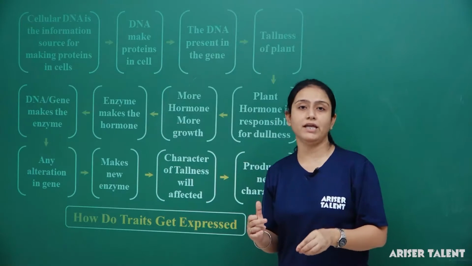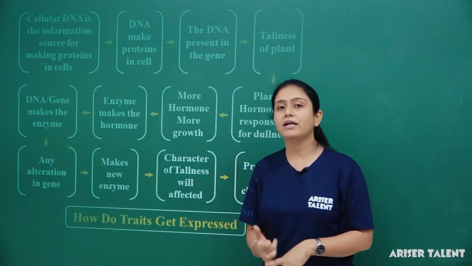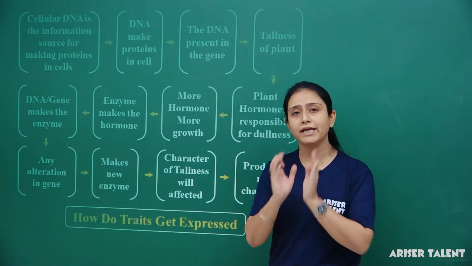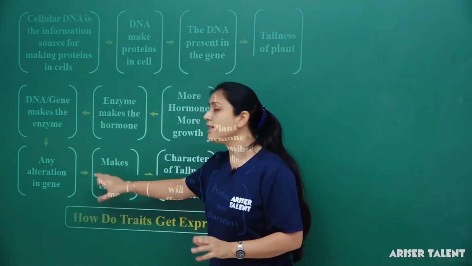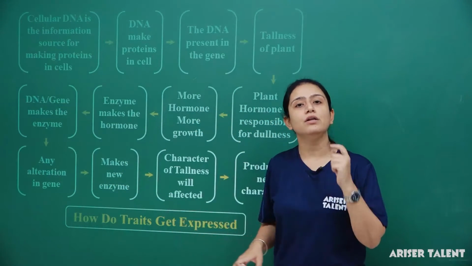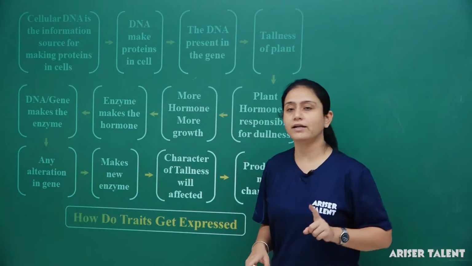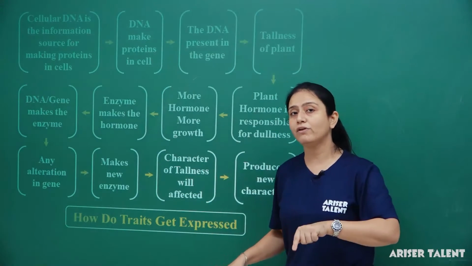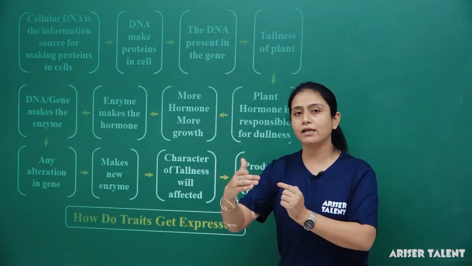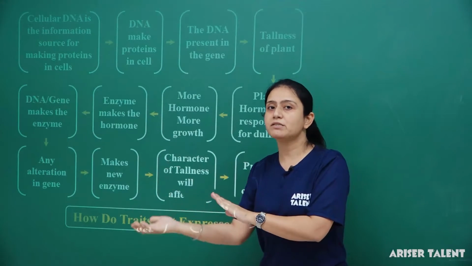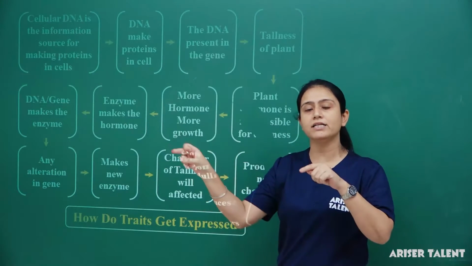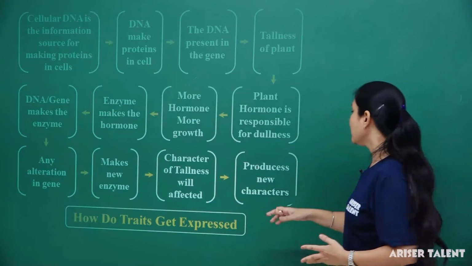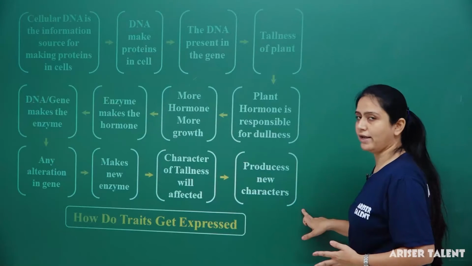But if in any case the gene of tallness is affected, or there is any alteration in this gene, then it makes a new enzyme, and that time the character of tallness will be affected. How will it be affected? Because the other enzyme is produced, then that enzyme will be dominant, and it will produce a new character.